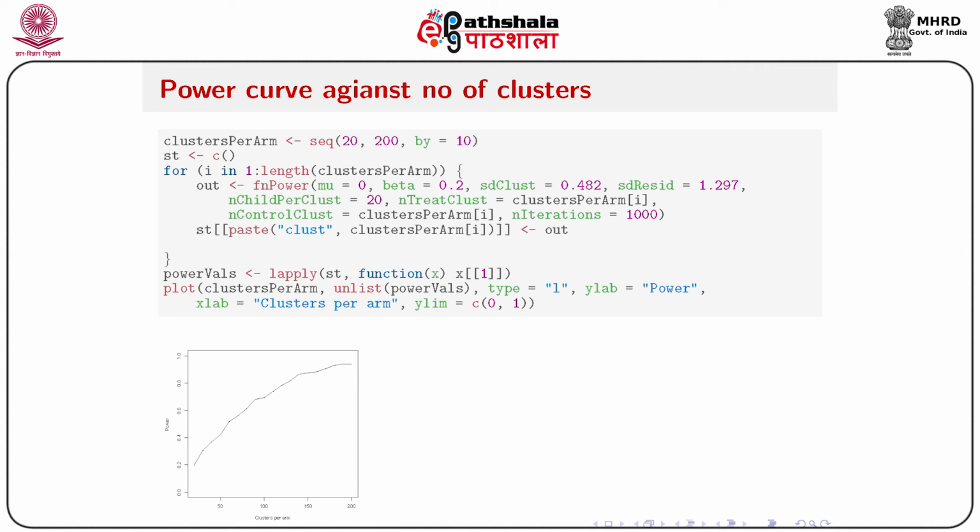I deliberately chose a longer interval to avoid long execution, so 20, 30, 40, 50 like this. Then I use a for loop for i equals 1 to the length of cluster per arm, and call the function and store the result in the out variable.